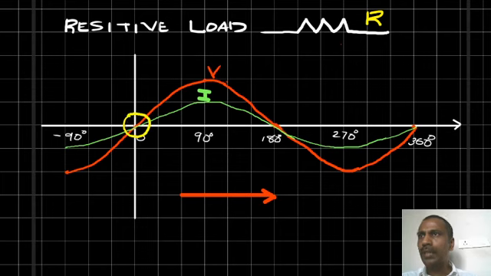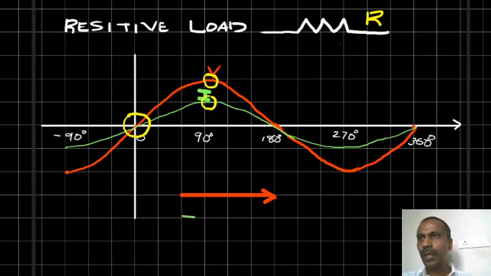Both waveforms start at the same point, and they both reach the maximum point at the same instant. So you can say both waveforms are in phase. Both voltage and the current are in phase. There is no phase angle difference between voltage and the current. So in the case of resistive load, they are going together. Both voltage and the current start at the same point.